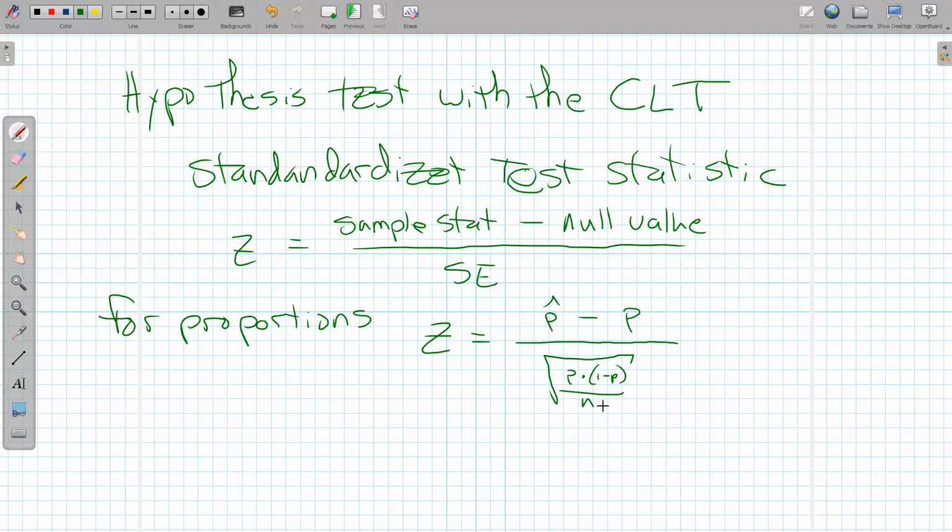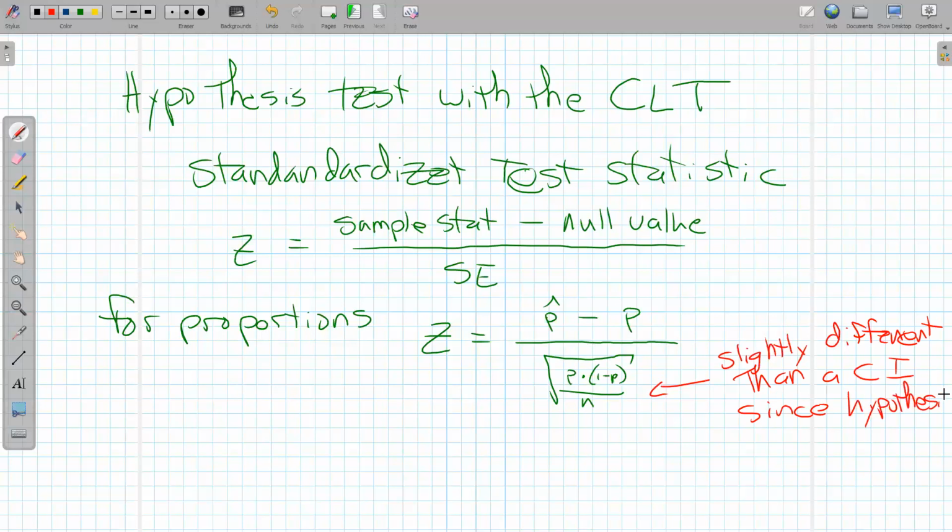Now, this is a little bit different than the confidence interval formula, and the reason is, again, hypothesis tests center or focus on the null value.